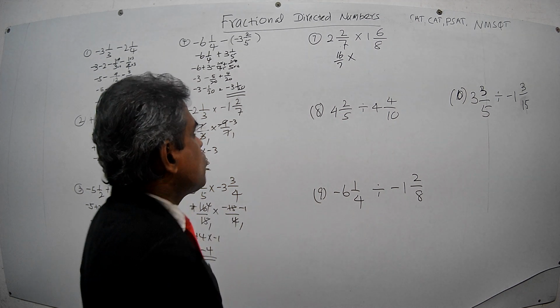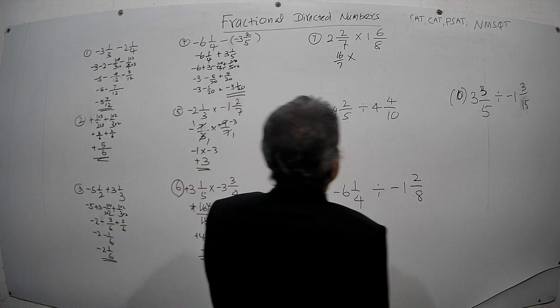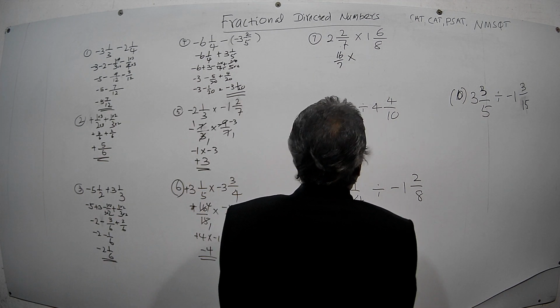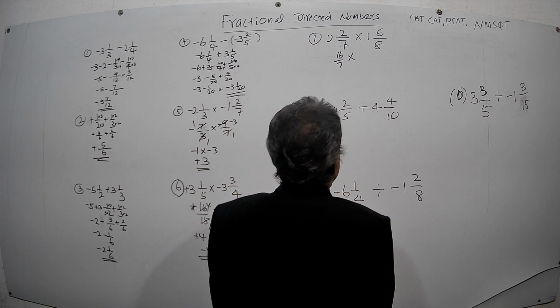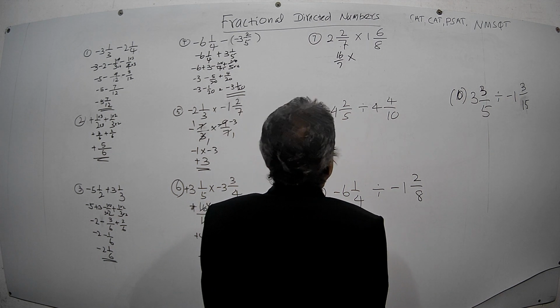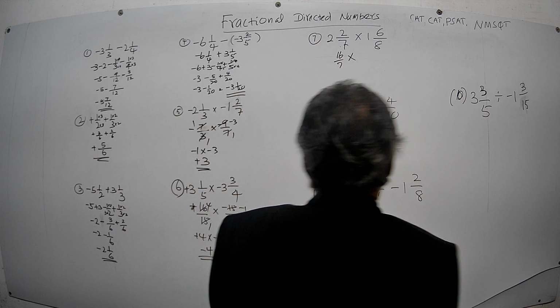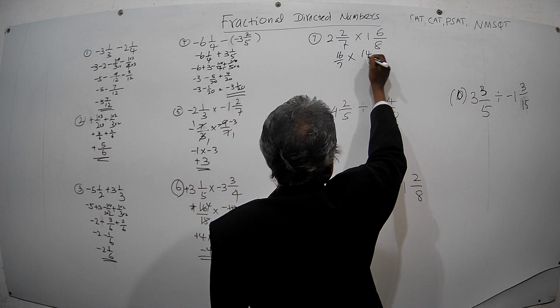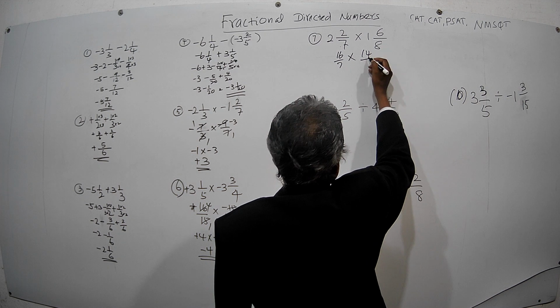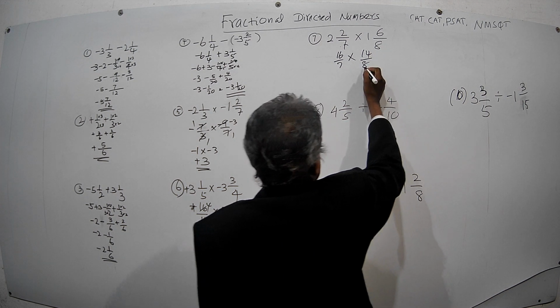Then 8 times 1 is 8, plus 6 is 14. That is 80.